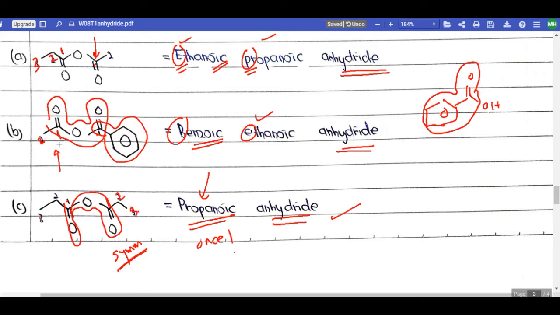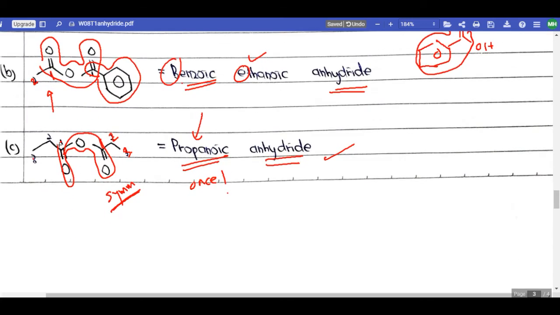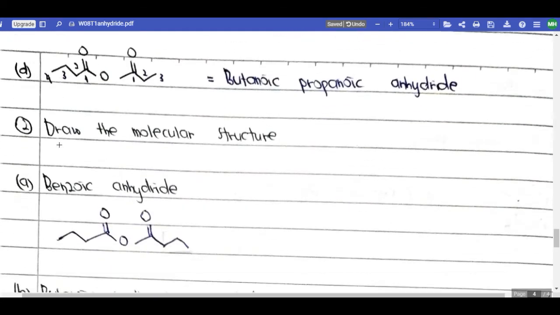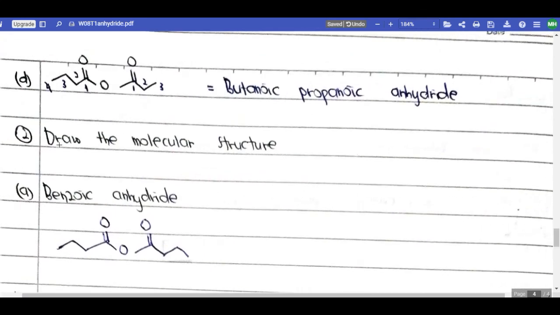So the names for all of the compounds are correct. Okay, ethanoic propanoic anhydride, benzoic ethanoic anhydride, and propanoic anhydride. Alright, what about D1? Okay, this is also considered unsymmetrical because one side has only 3 carbons, the other side has 4 carbons.